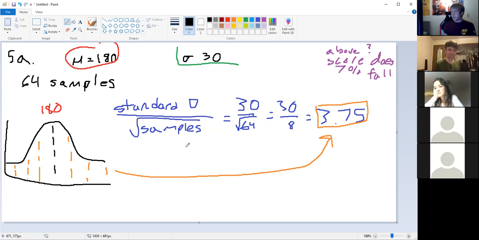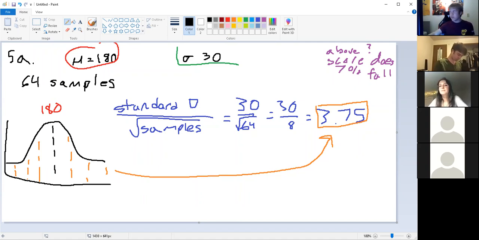Does that make sense? Or does anyone have questions regarding that first part? Is there a way to know when we need to use the sampling distribution of the mean instead of just the normal one, besides what it tells us? So in the homework, it always asks for sampling distribution of the mean.